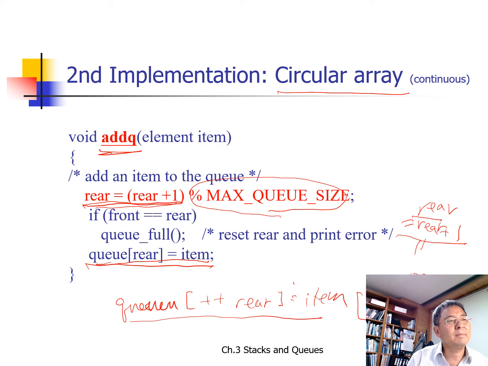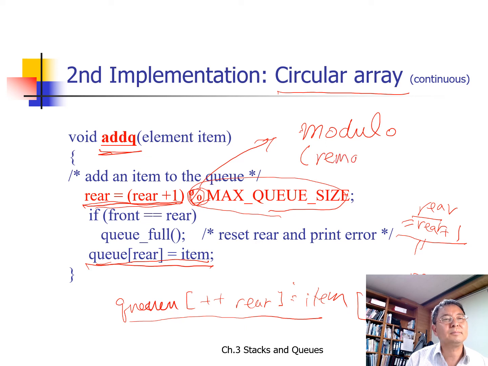Do you remember what this operator is? The percent operator? It is called the modulo operator in C language. It is also called the remainder operator.